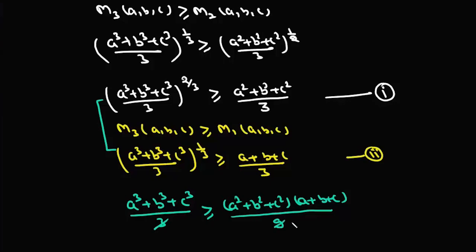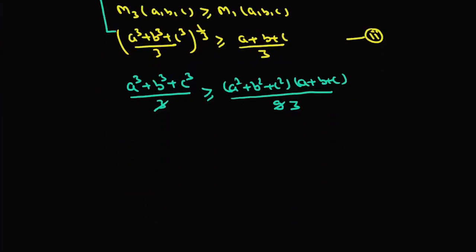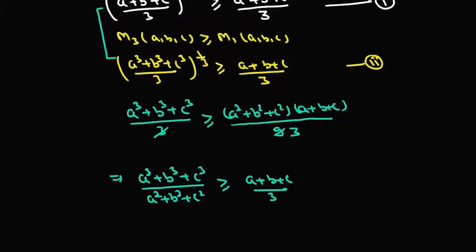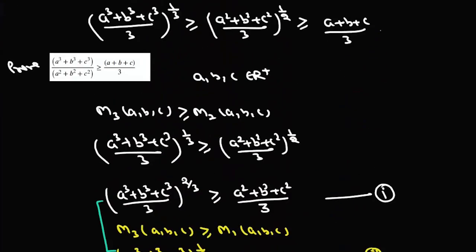Now this 3 and 9 will cancel. And if we rearrange, then we can write a cube plus b cube plus c cube upon a square plus b square plus c square will be greater than or equal to a plus b plus c by 3, which is what we need to prove in this question.